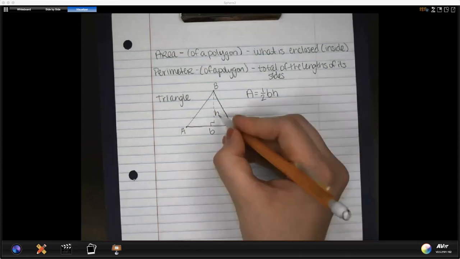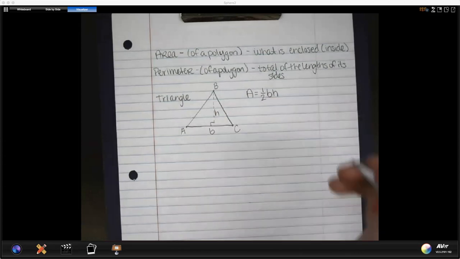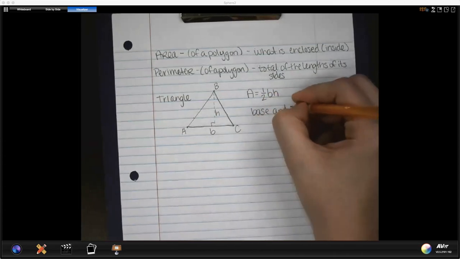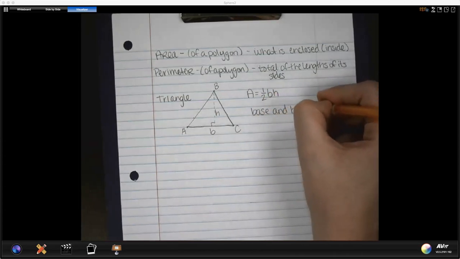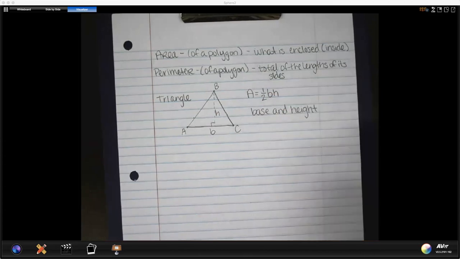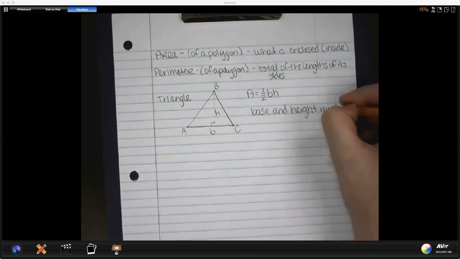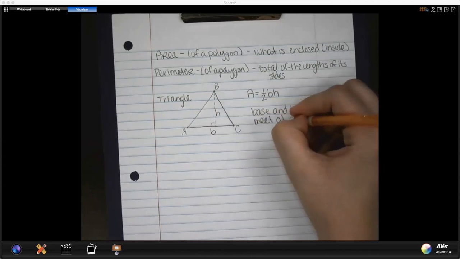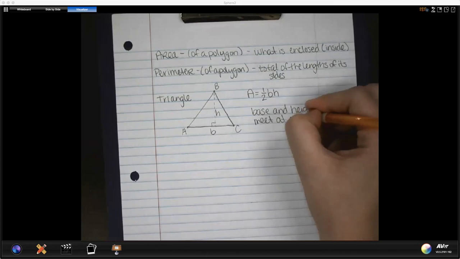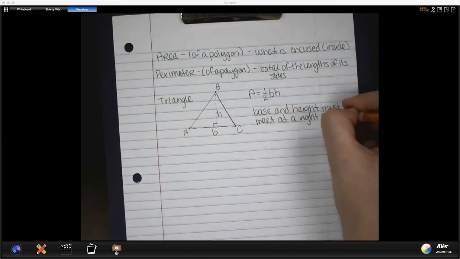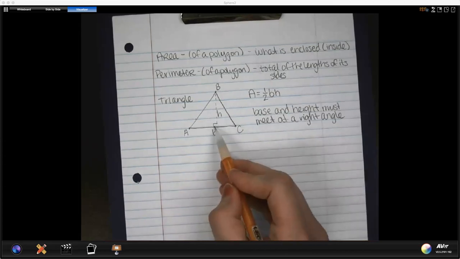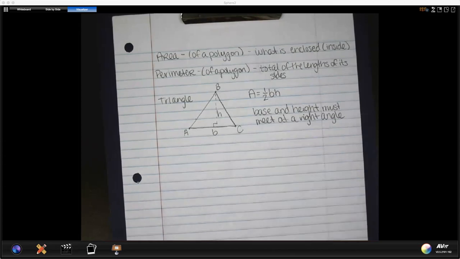So what's specific about your height is that the base and height must meet at a right angle. Or in other words, how much is a right angle? 90 degrees, good. And that's what that box means. So the height meets the base at 90 degrees.